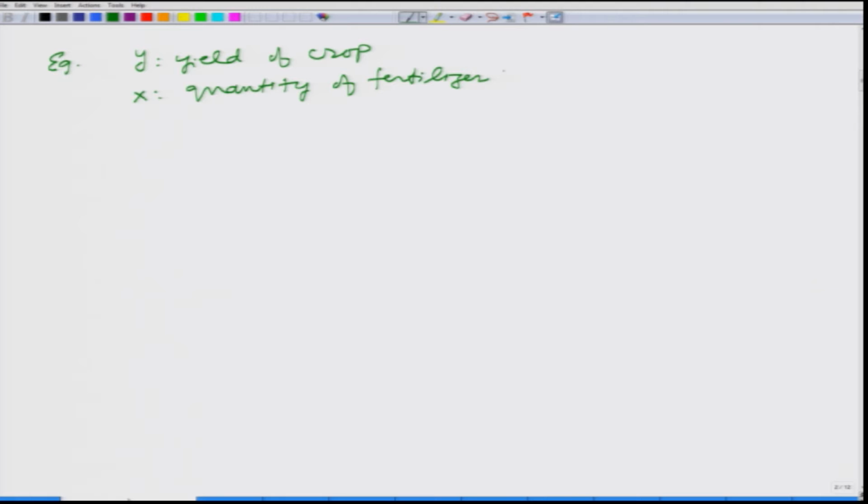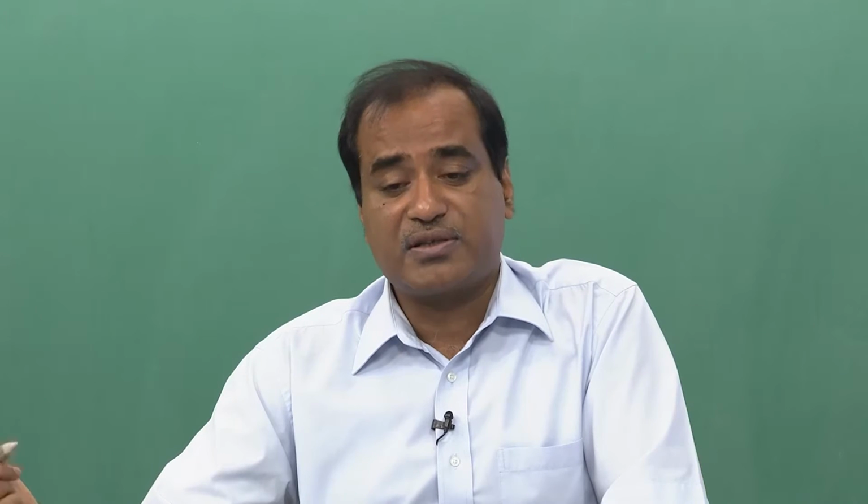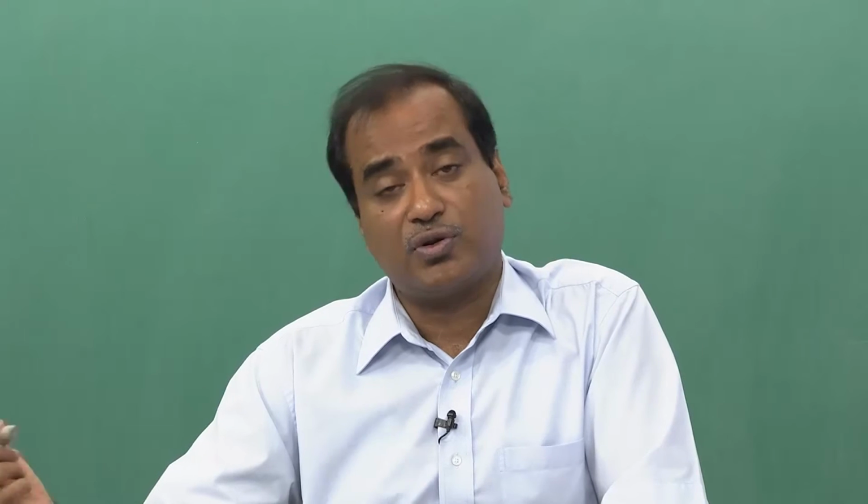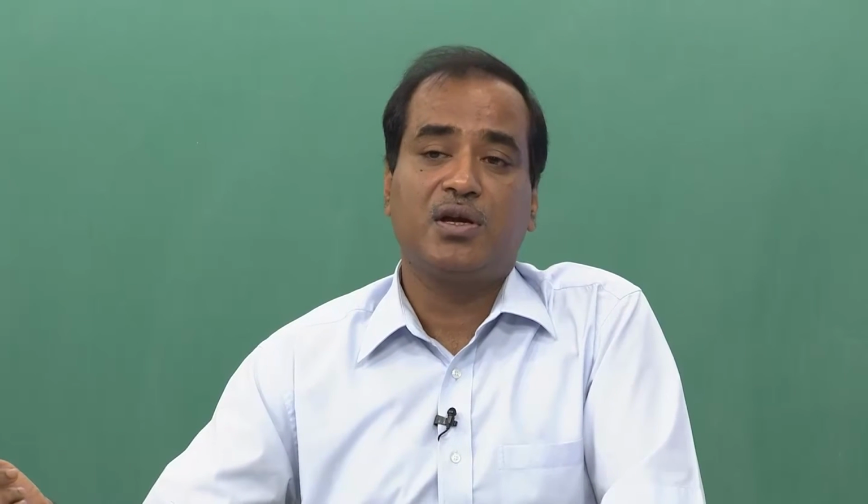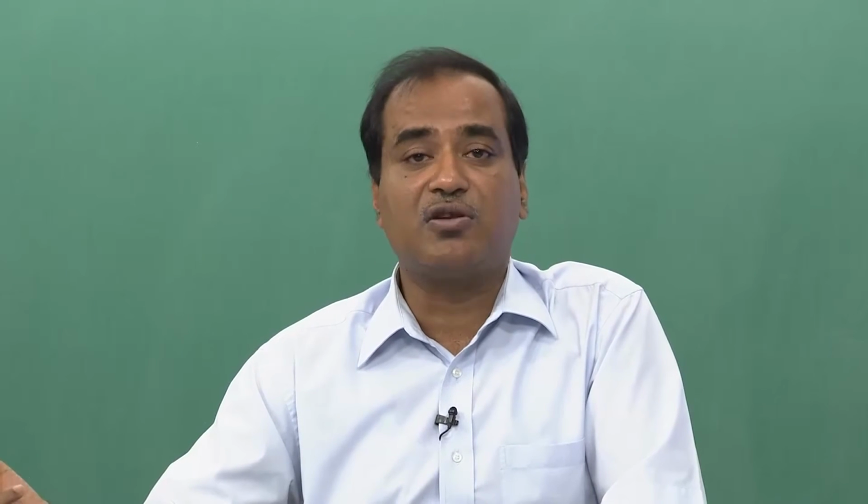But do you really think that the yield of a crop depends only on the quantity of fertilizer? It depends on several other factors. So, now we have an opportunity to incorporate all those important factors which are affecting the yield of a crop.